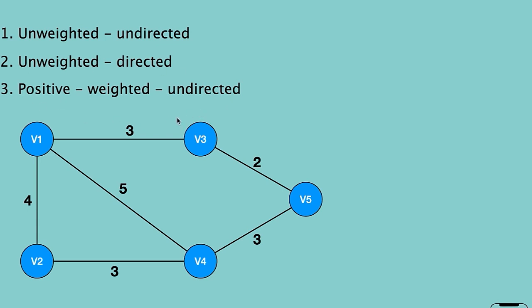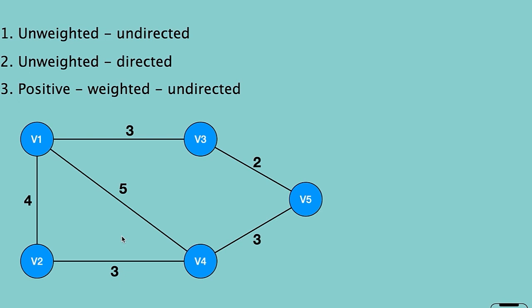So if we combine all these properties, it is called positive weighted undirected graph. So here you see that we don't have any direction that is associated with the edge. We have only positive numbers, which are weights of edges. So it's called positive weighted graph. So here we can go from any node to the other vertex and come back from that vertex to the current vertex over here. So in this case, it's called positive weighted undirected graph.